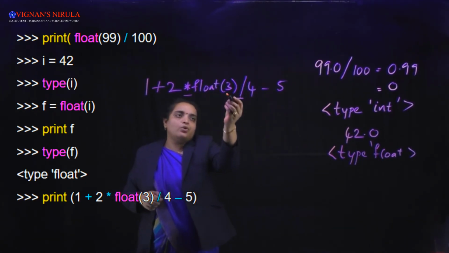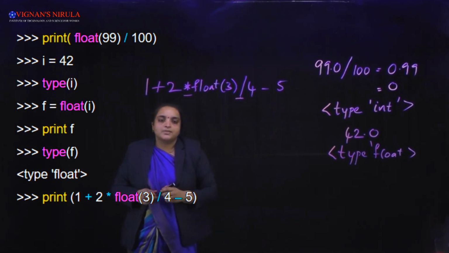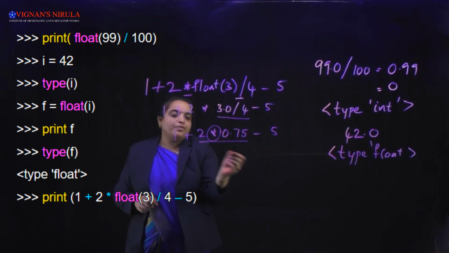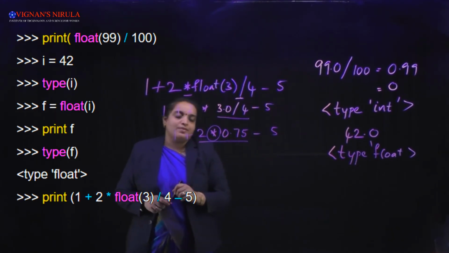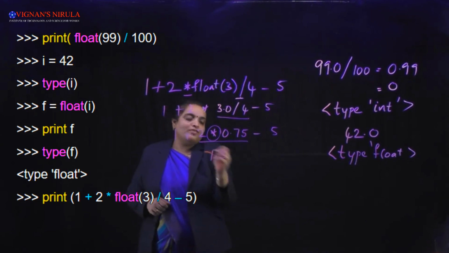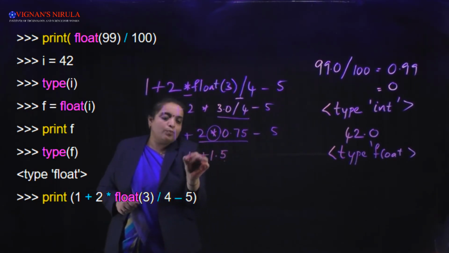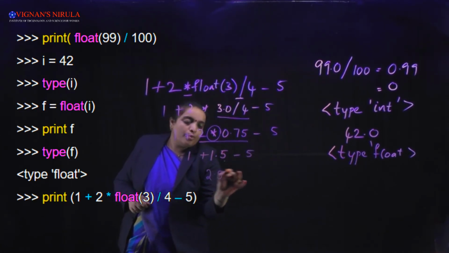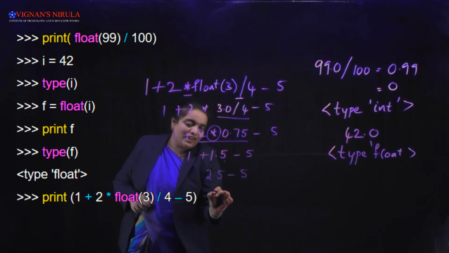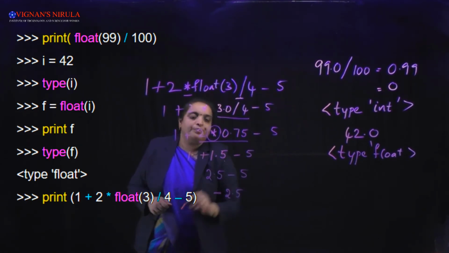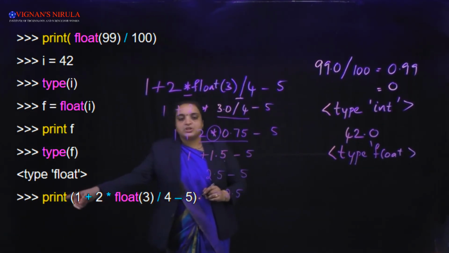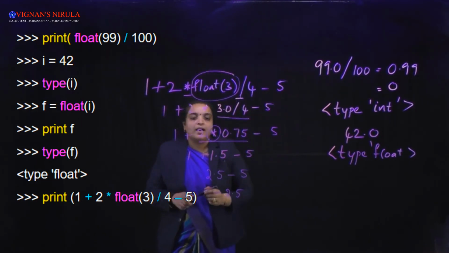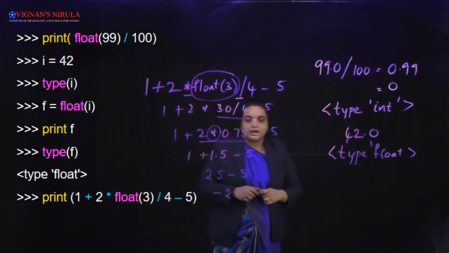So what is the value of 3 by 4, students? 0.75. If you calculate 2 star 0.75, we will get 1.5. Next you have to add 1 to it and subtract 5 from it. So we get 2.5 minus 5. What is the output we get? Minus 2.5. So in this way the expressions will be solved when we use the inbuilt functions in between the expressions. Clear?